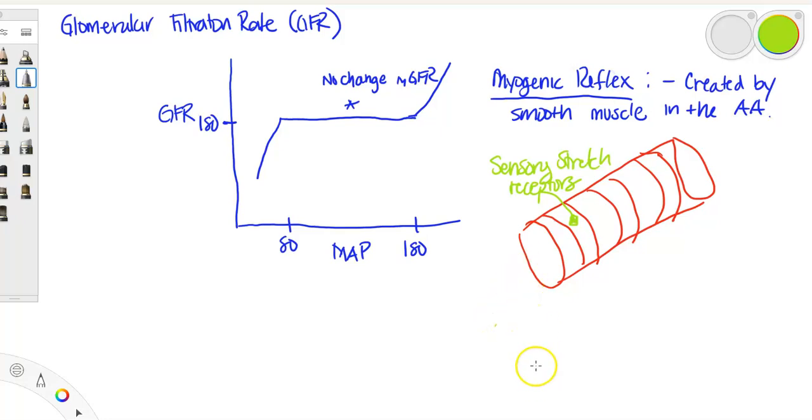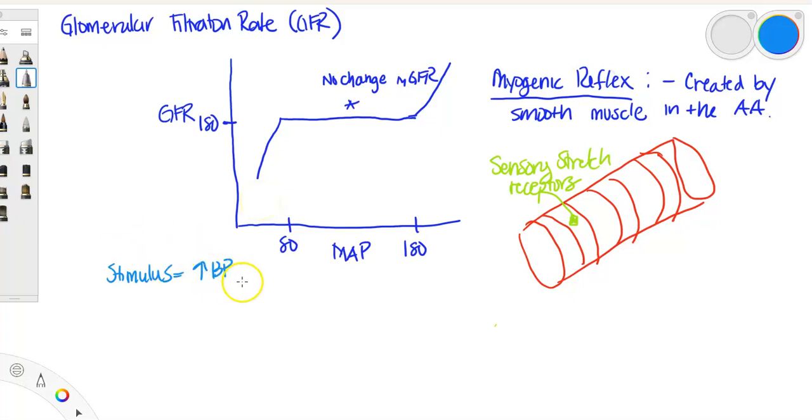Okay, so if we have the stimulus, our stimulus would be increased blood pressure. Increased blood pressure means more blood flowing in here, and it's going to cause the walls to stretch out.